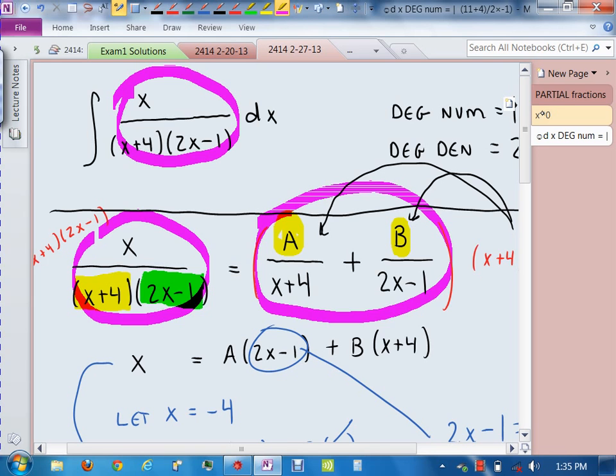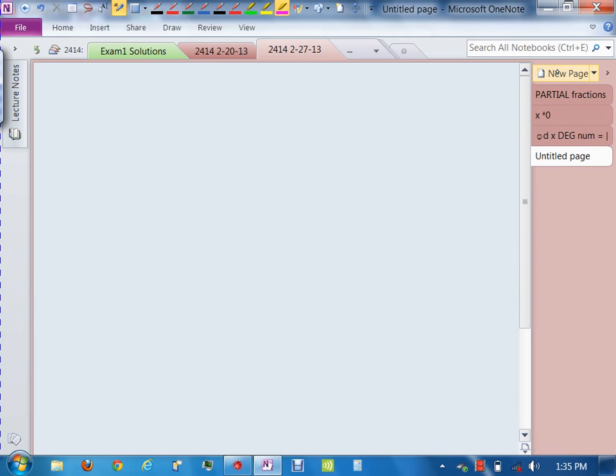If you had, say, the integral of x over x plus 4, and that's it, you can just do x plus 4 minus 4 and split it up. Yes, that would be a clever way of approaching it. Absolutely.